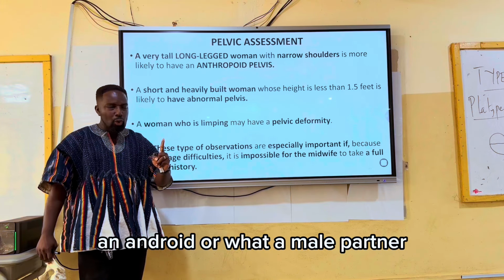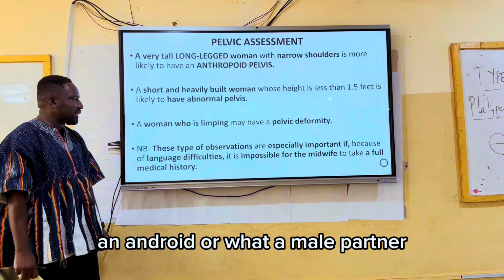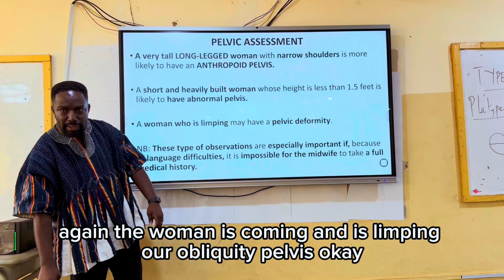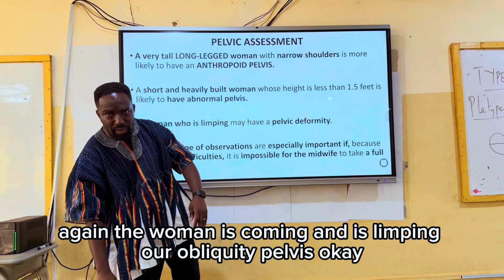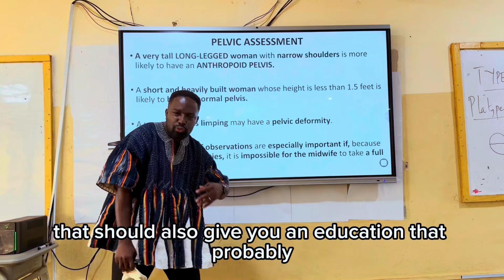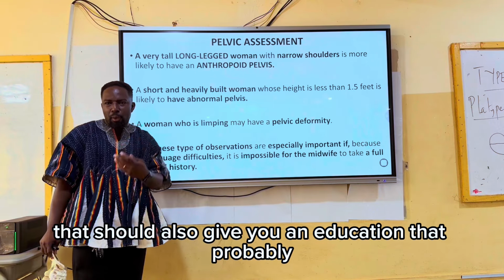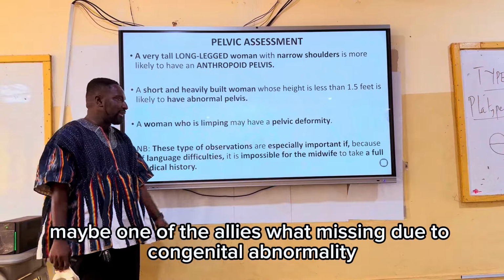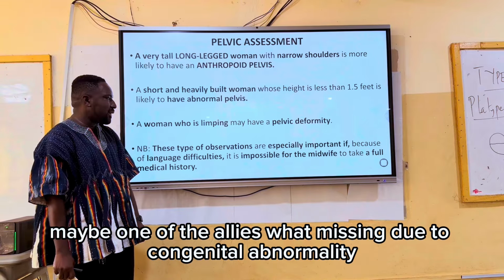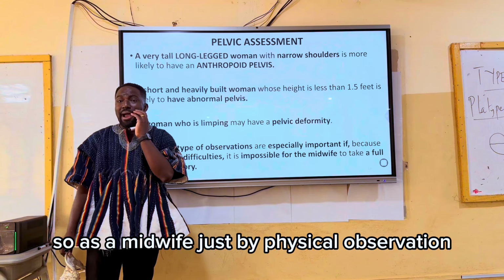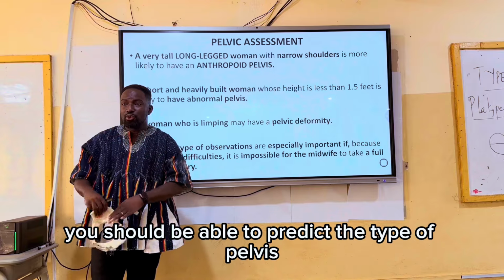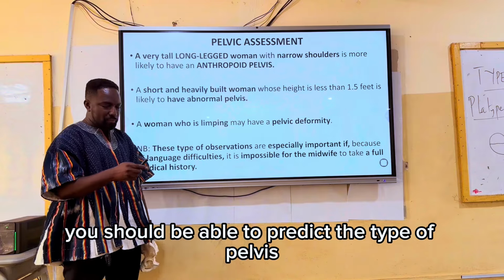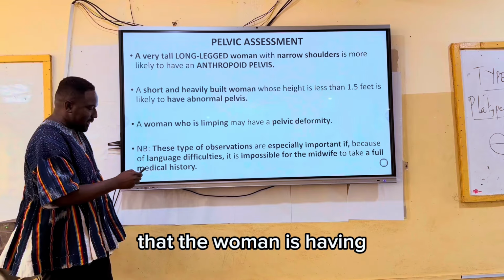An android or male pelvis. Again, if the woman is coming and is limping, an obliquity pelvis, that should also give you an indication that probably one of the ala is missing due to congenital abnormality. So as a midwife, just by physical observation, you should be able to predict the type of pelvis that the woman is having.